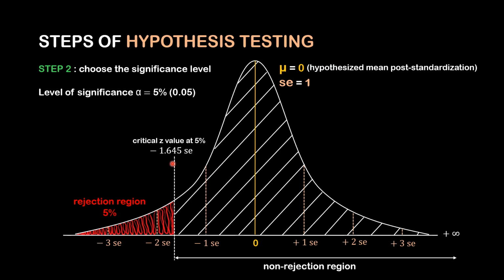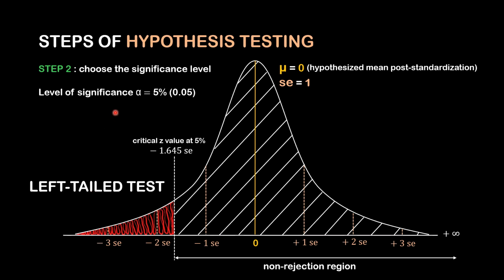The rejection region is located on the left, which makes sense because in the alternative hypothesis we state that the sample mean is less than the hypothesized mean, so we expect the test statistic to fall somewhere here in the left-hand side part of the distribution. That's why we call it a left-tailed test.